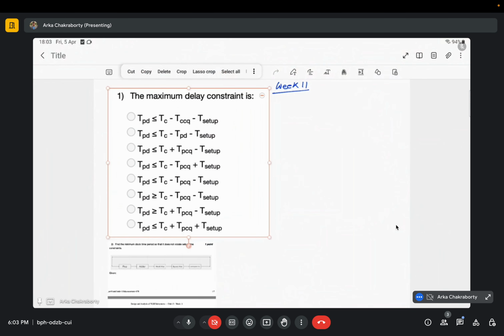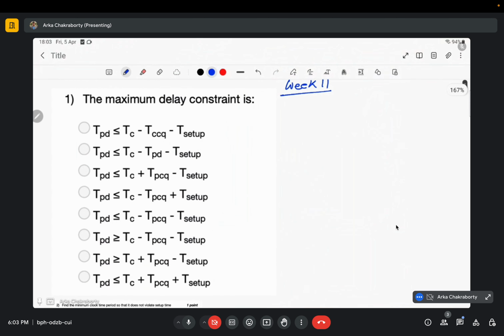Okay, so let it be the circuit. Let D1 be the input, FF1 is the first flip-flop, then we have a combinational circuit.